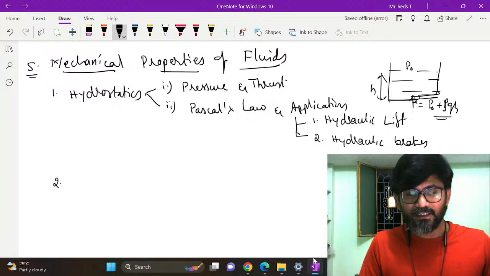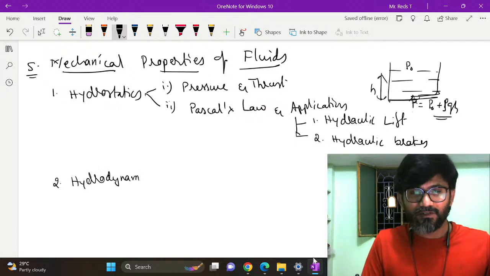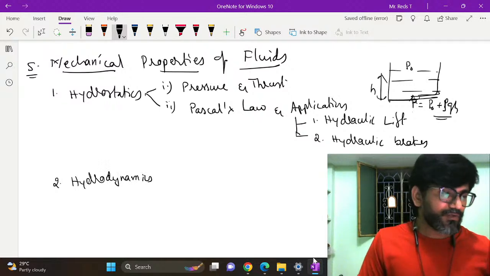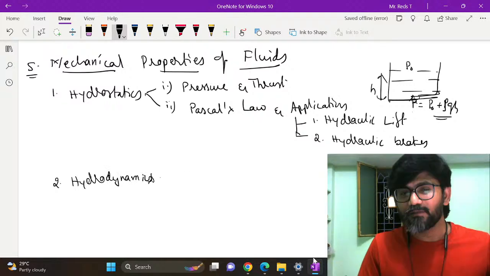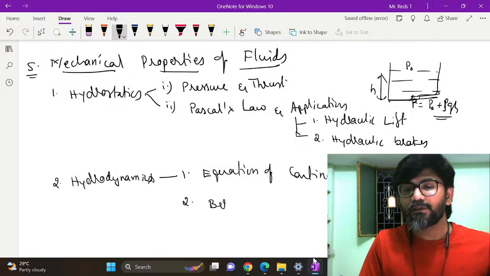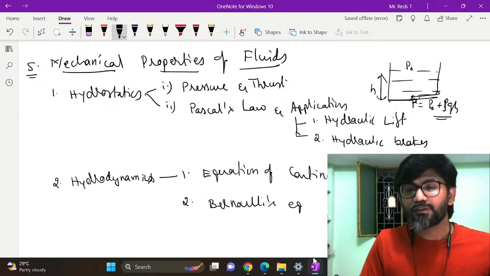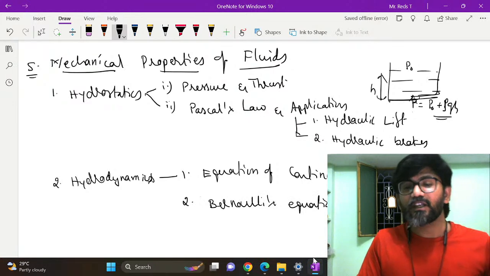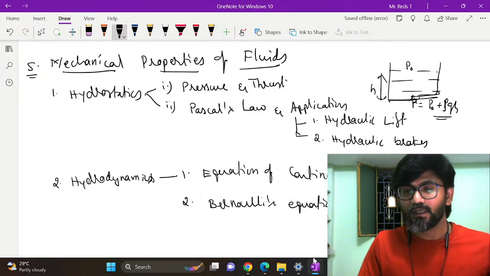This is hydrodynamics. A very simple relation is the equation of continuity. And the second one is Bernoulli's equation based questions and applications of Bernoulli's equation.